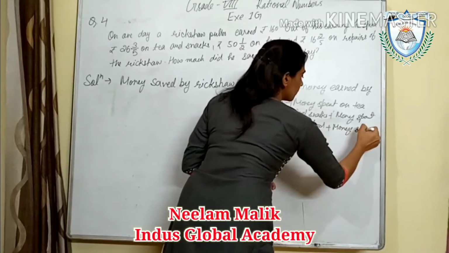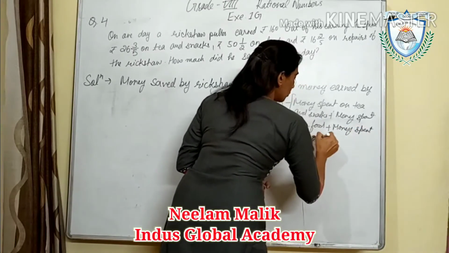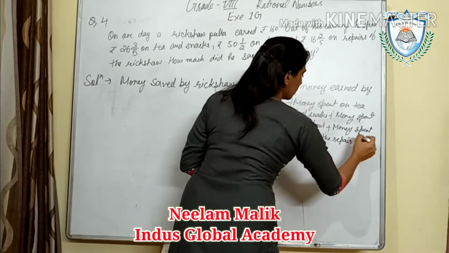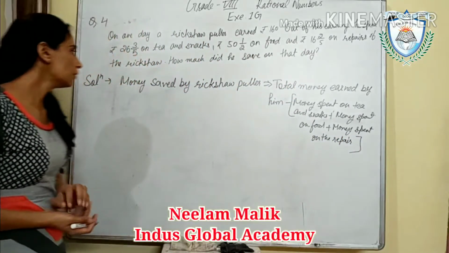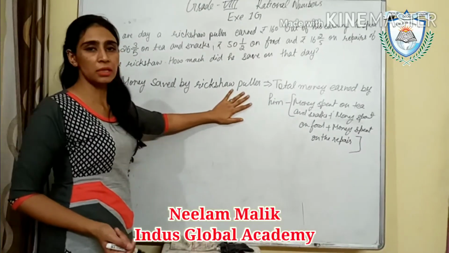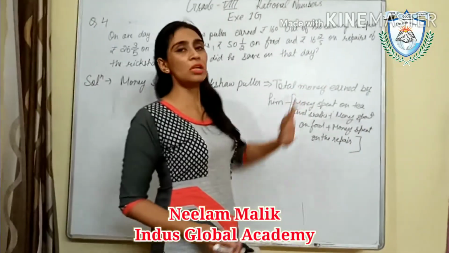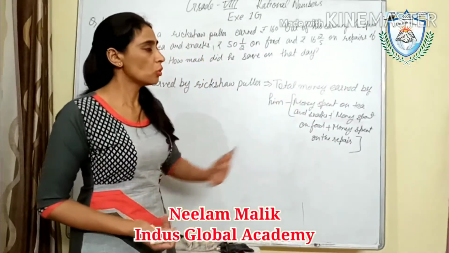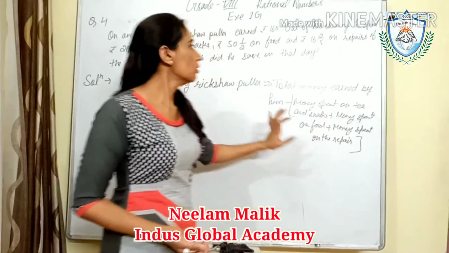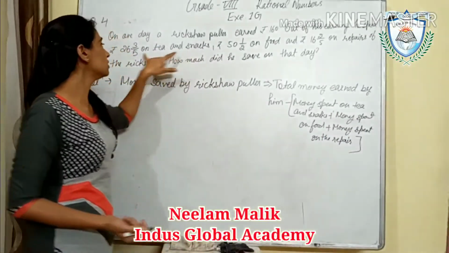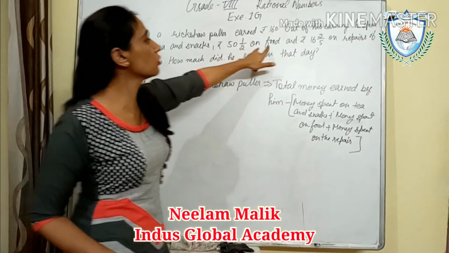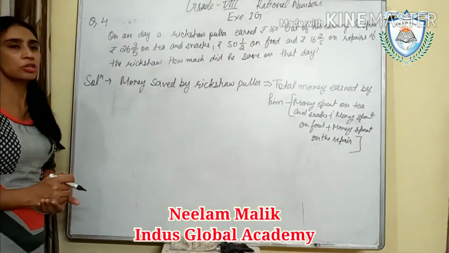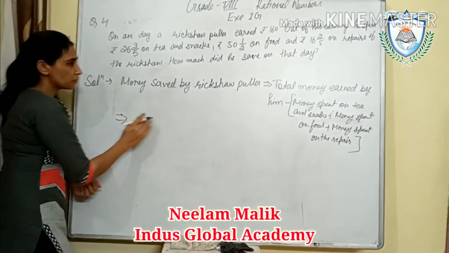Okay, so what I have done: money saved by rickshaw puller is equal to total money earned by him, minus all the spendings, means whatever he spent. He spent this money on tea and snacks, this is on food, and 16 whole 2/5 on the repair of the rickshaw. So let's start this.